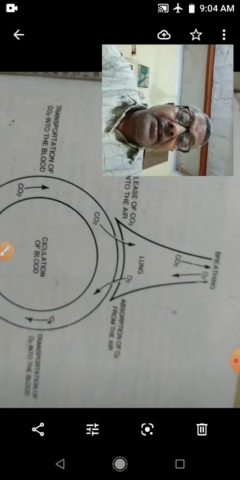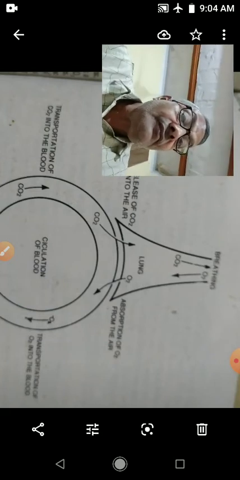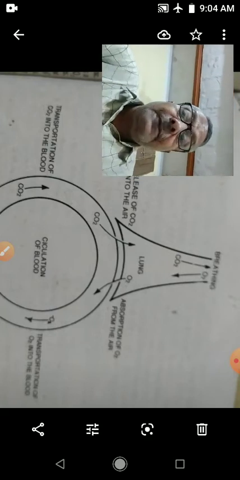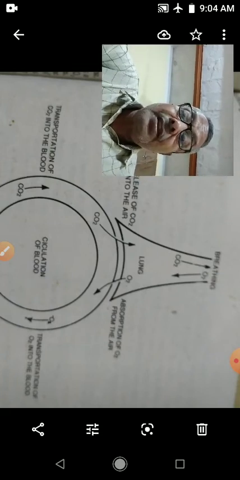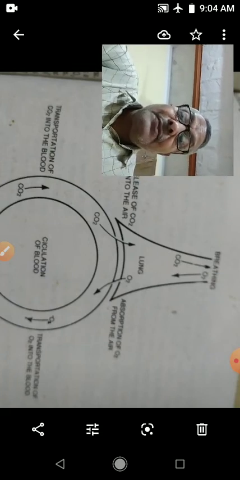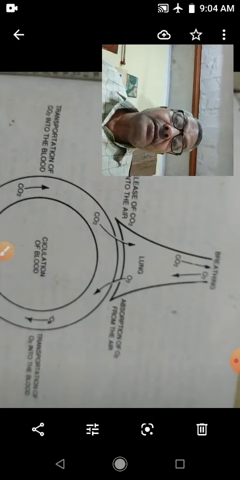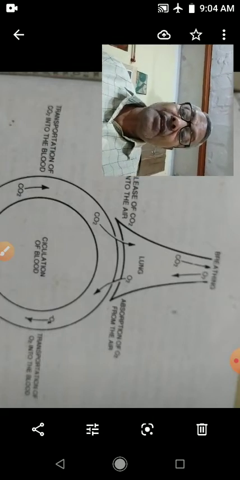Some oxygen dissolves in the blood plasma and the rest combines with hemoglobin, and when it combines with hemoglobin it will form oxyhemoglobin. This oxyhemoglobin is transported to the blood capillaries of the tissue.